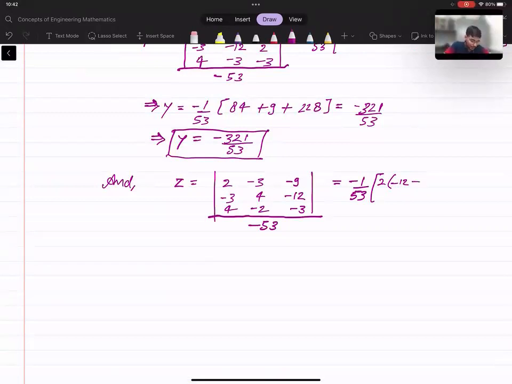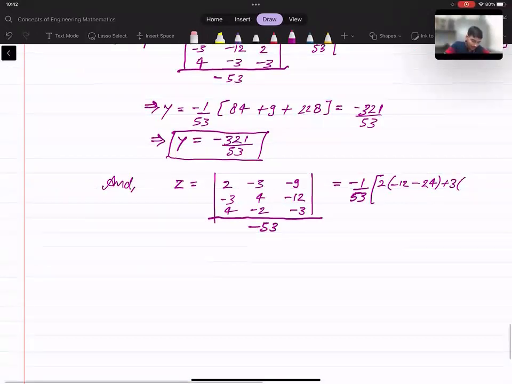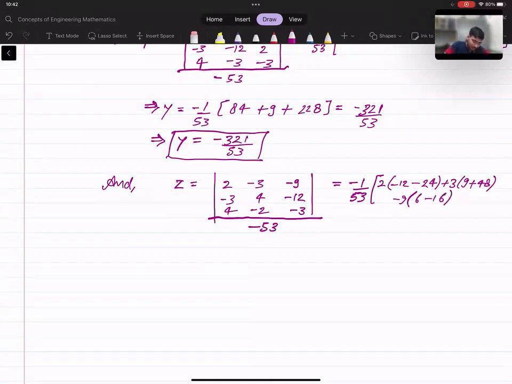So 4 3s are 12, and 12 2s are 24. Then we have plus 3 into 9, and then minus minus plus, so 48, and then we have minus 9 into 6 minus 16.